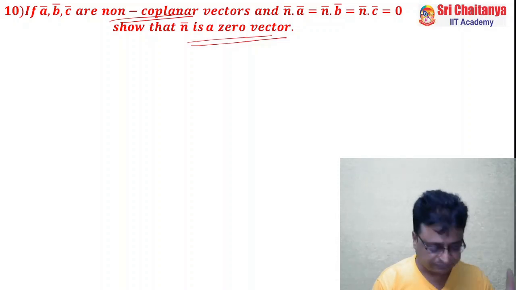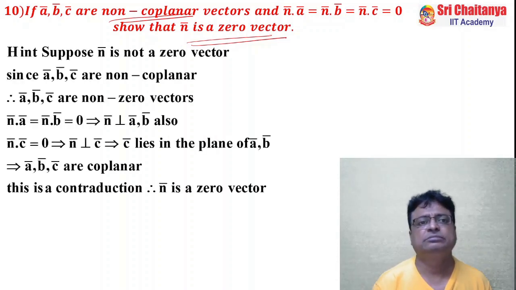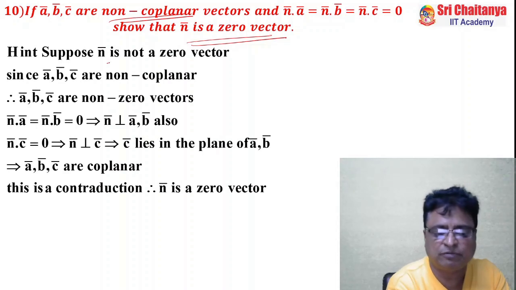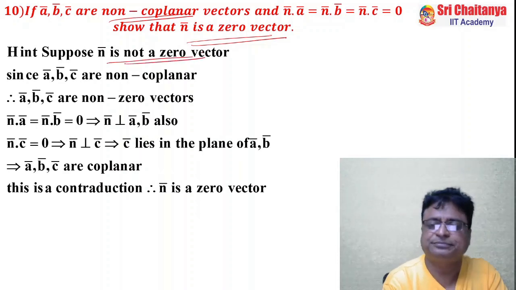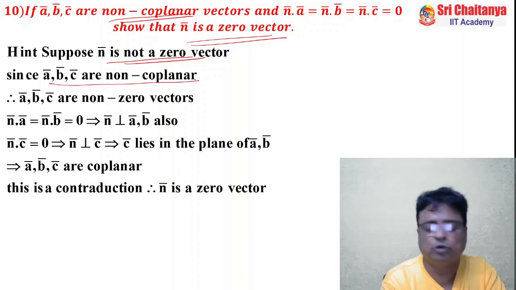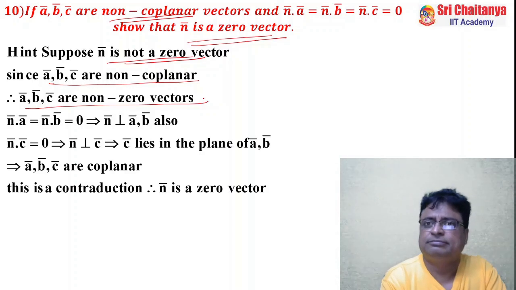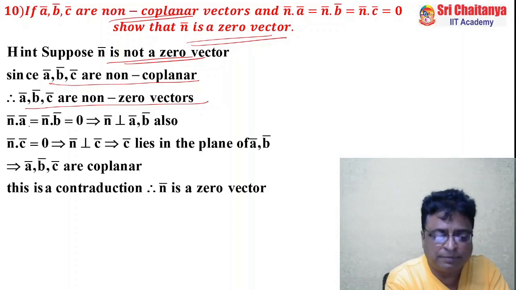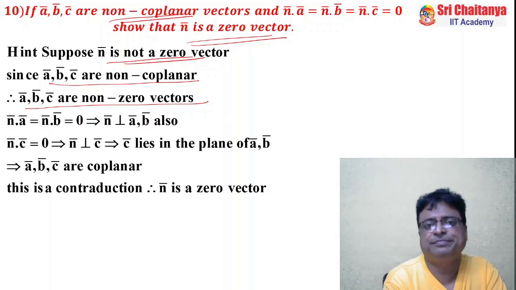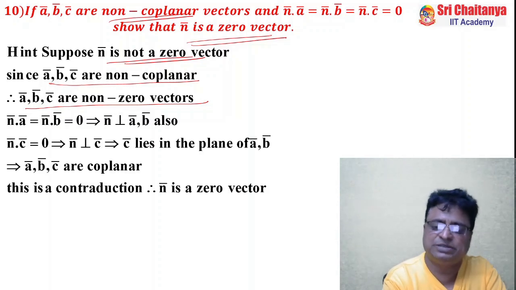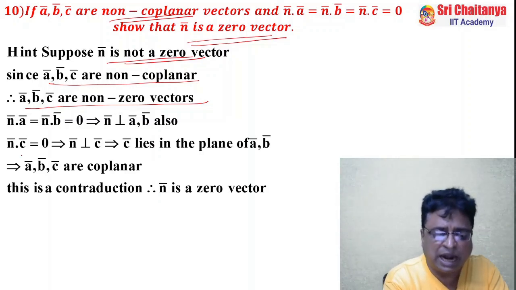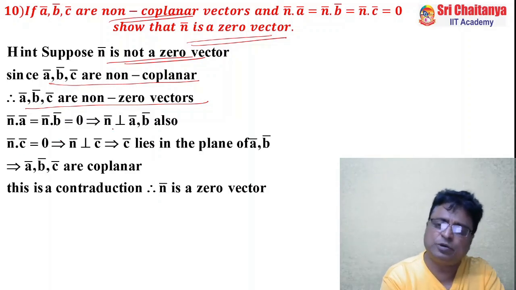Suppose n bar is not a 0 vector. What will happen? Let us see. Given a bar, b bar, c bar are non-coplanar, no doubt, so they are non-zero vectors. Why? Because n bar dot a bar equal to 0 means n bar is perpendicular to a bar and b bar.